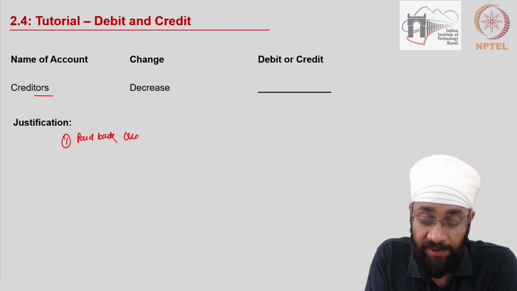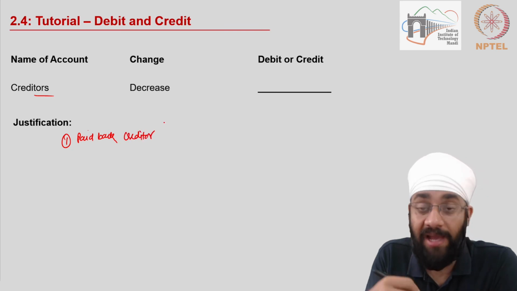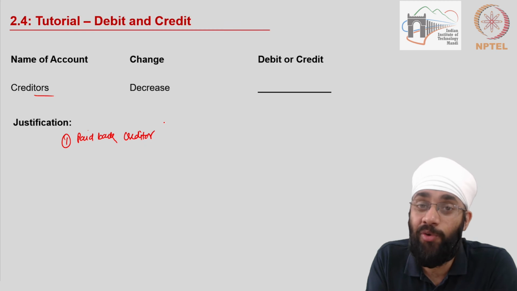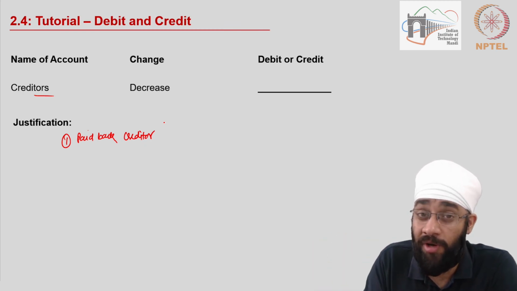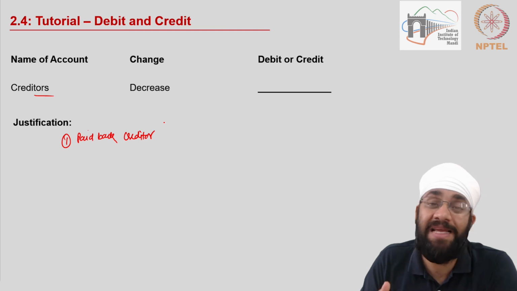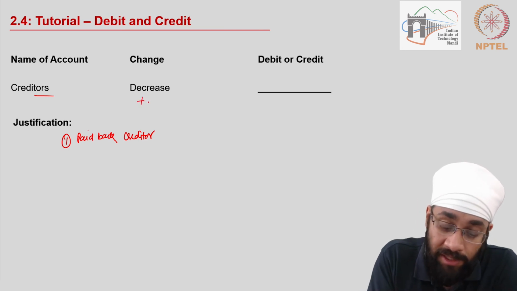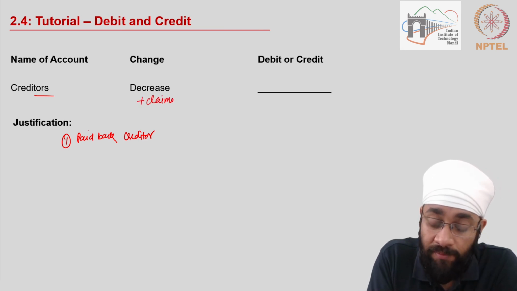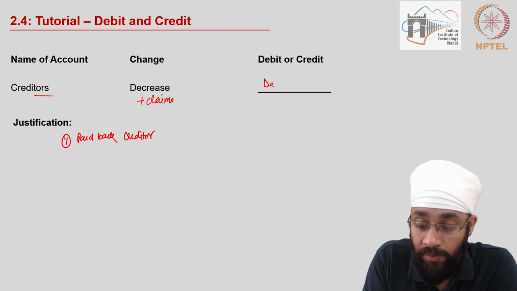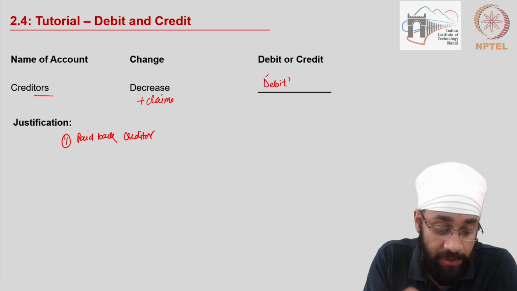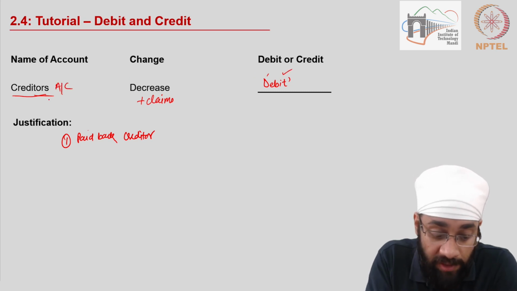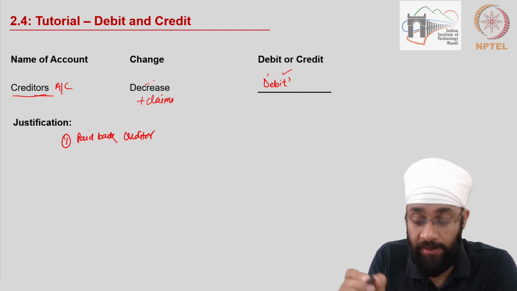You paid back the vendors. When you paid back the vendors, that means vendors can no longer ask you for money. So vendors' claim on business goes down, which means business's claim goes up. So an increase in the claims of business is always shown by a debit. So creditors account will show a debit when you pay back the creditors.